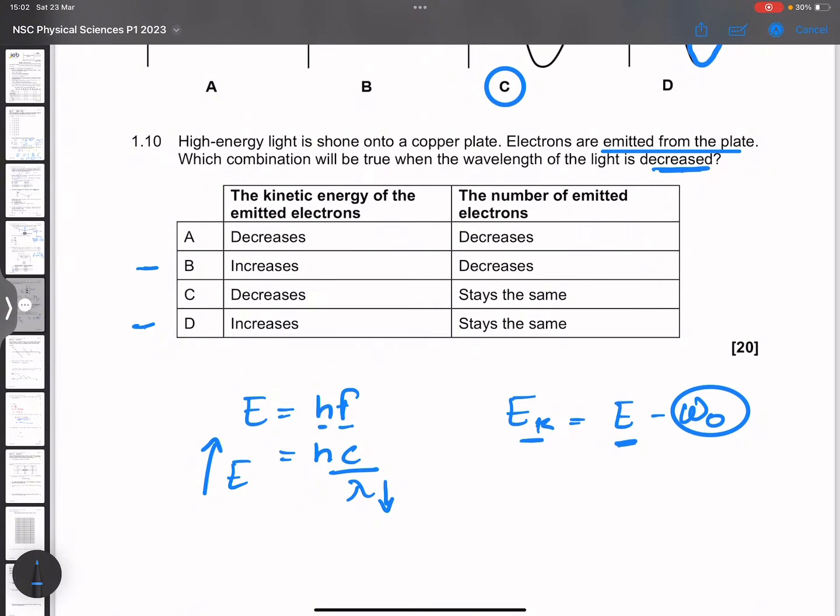Now they say the number of emitted electrons. Remember that what increases the number of emitted electrons is increasing the intensity of the light. In this case, we didn't do anything to the intensity, so that has to stay the same. So our answer is D. I hope that makes sense, ladies and gents, and we will be back again with question 2.